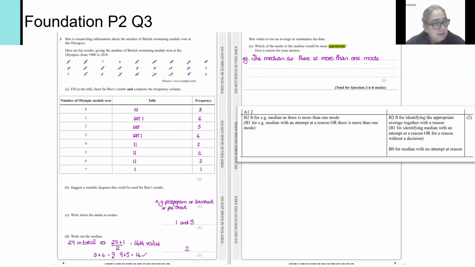But again, it made me think about not just why we would use the averages, you know, that you usually get to draw a table of advantages and disadvantages of using different averages. But I've done very little in terms of why would we not use the median in this case?